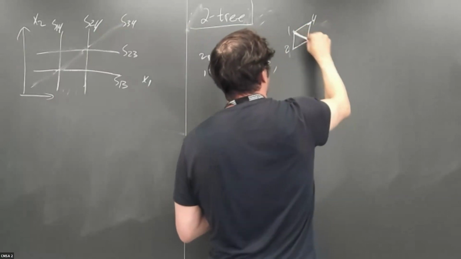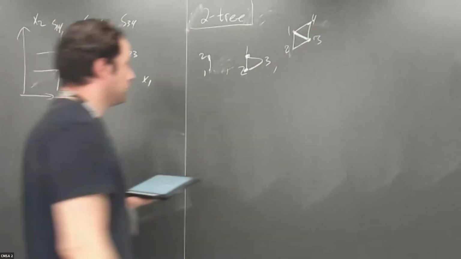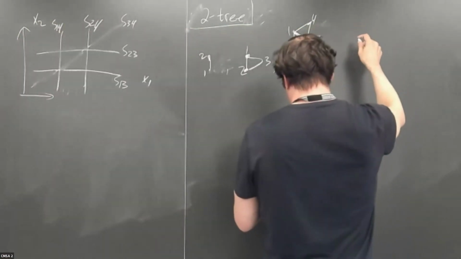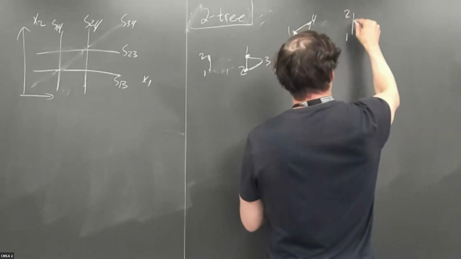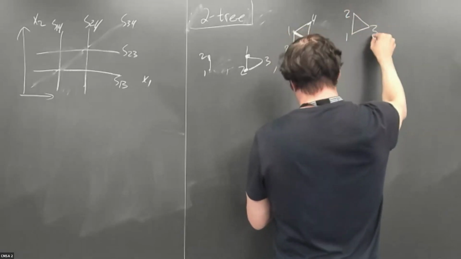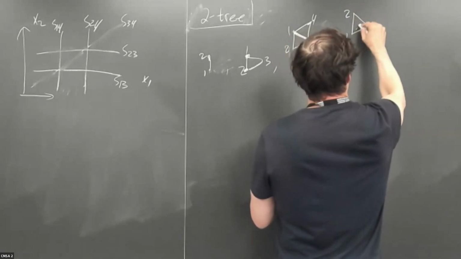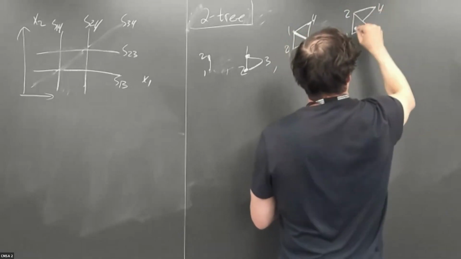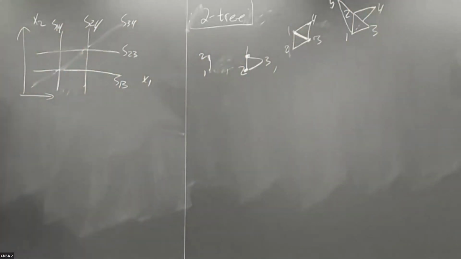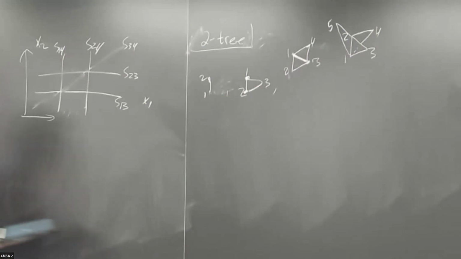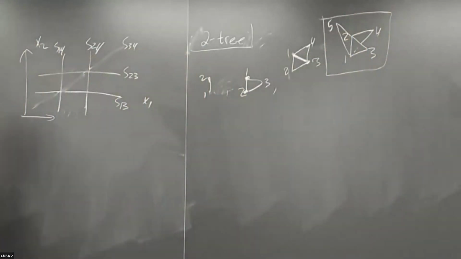In this case, we've joined it along that diagonal edge and so on. Now let me draw in the next step for good measure, because you need it: 1, 2, 3, 4, 5. Okay, so this is the first interesting two-tree.